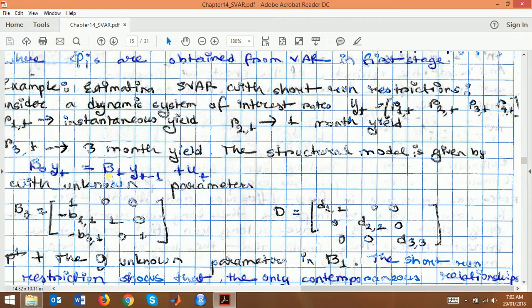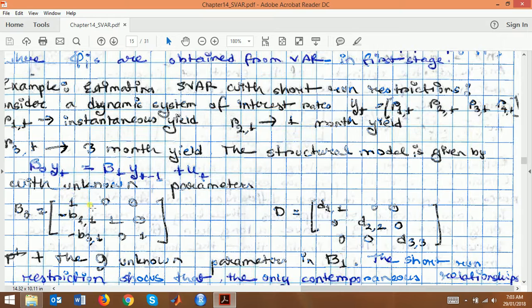Now beta naught, when we solve for this equation, is a lower triangular matrix: 1 0 0, minus beta 21 1 0, minus beta 31, 0 and 1. We are not talking about 4 interest rates, we're talking about 3 interest rates here: R1, R2 and R3.